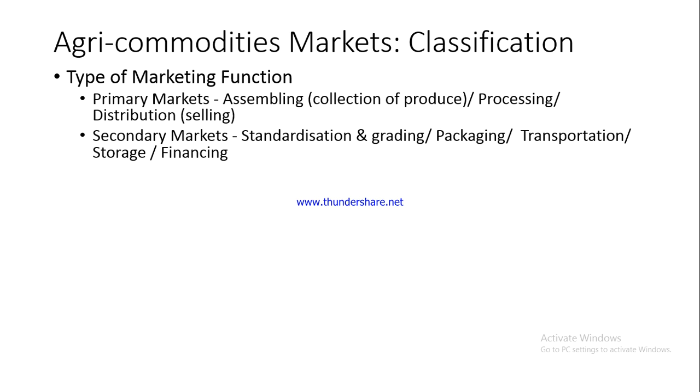Naturally, they would be fetching me different prices in the market because their quality is very different, right? Not all apples would be of the same type. So that is why you grade every single agri commodity that you receive, and accordingly, depending on the grades, then you pay for the commodity, or then you order the commodity. So this is what basically standardization and grading is.